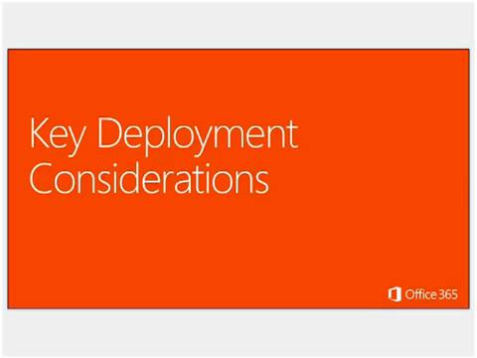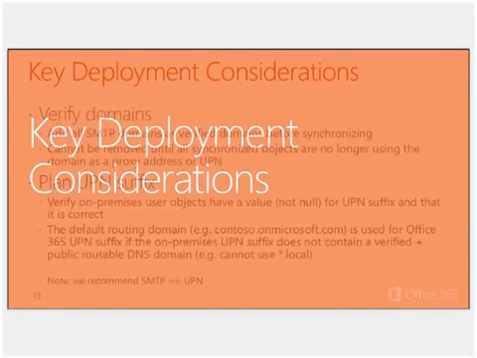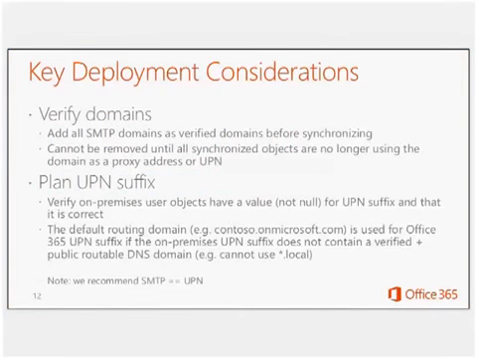So this is where it does get into some of that deep level conversation. We need to make sure, from a consideration standpoint, to start really thinking about the domains, adding and managing all SMTP domains as verified domains before synchronizing. They cannot be removed until all synchronized objects are no longer using the domain as a proxy address or UPN.